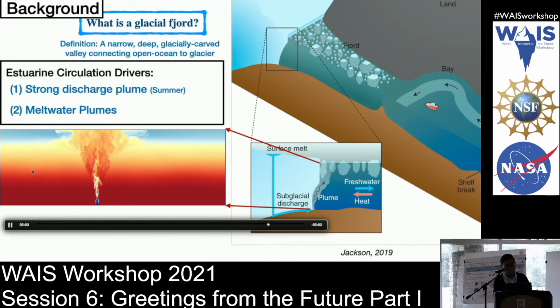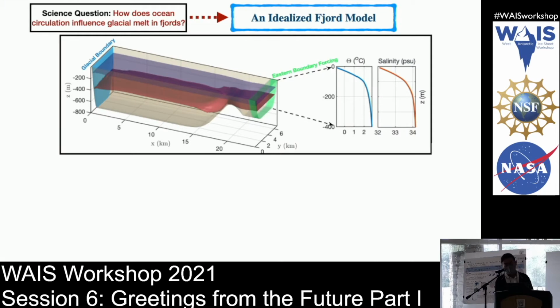What that means is you have warm water near an ice face, and that seeds a continuous source of plumes all distributed throughout the ice face. It's not as visibly observable as this central discharge plume, but it's all over the entire face, so its effect is also potentially important. And hopefully I'll show you that it's a leading order effect.